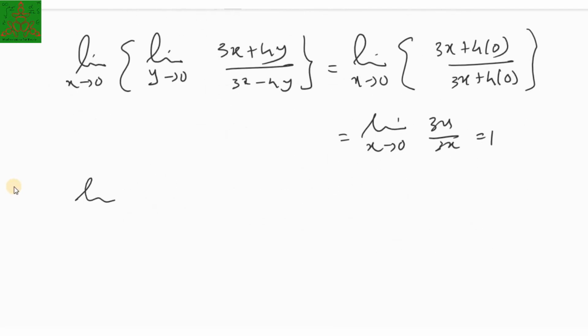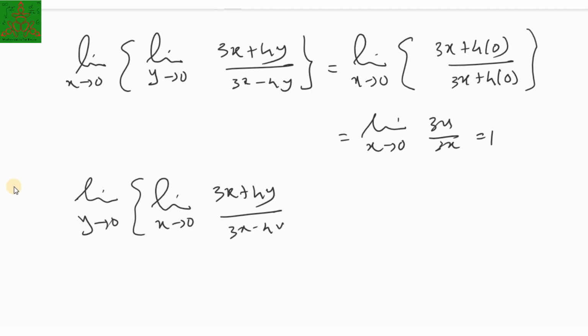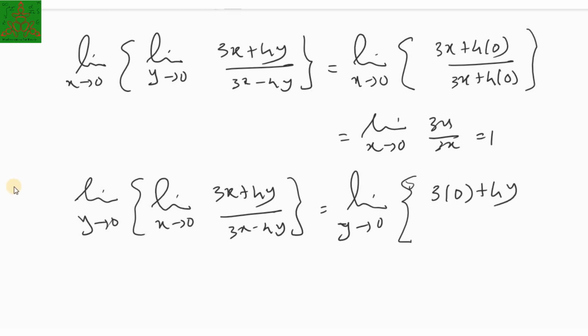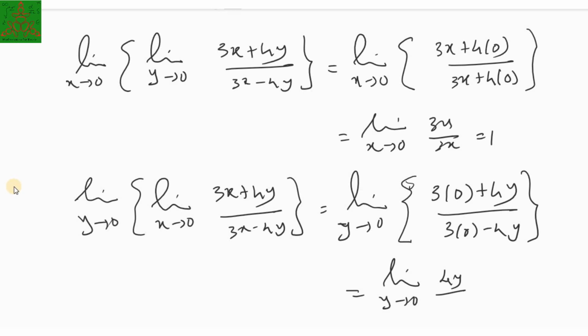And if you take the limit y tends to 0, limit x tends to 0, of (3x + 4y)/(3x − 4y), that gives the limit y tends to 0 of (3 into 0 plus 4y) upon (3 into 0 minus 4y). The 4y cancels out, so you have 4y upon minus 4y, so the answer is minus 1.